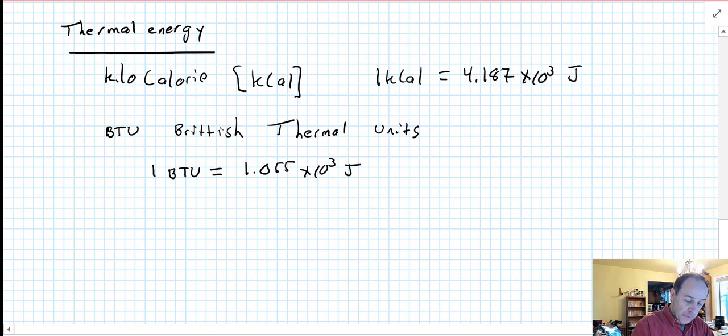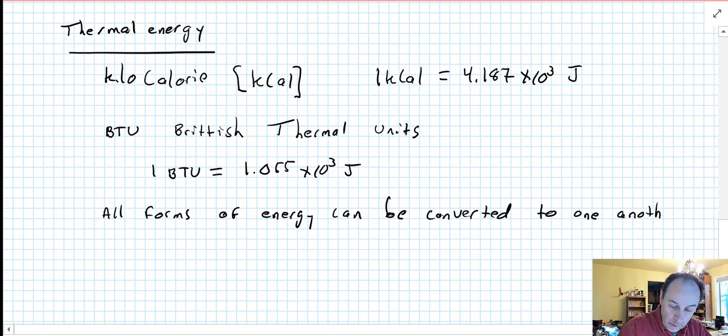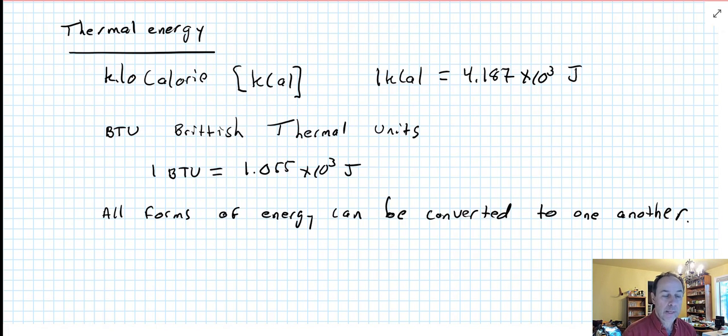But something to take away from this is all forms of energy can be converted to one another. Okay, let's take an example we experience every day. There is a fusion reaction that's going on in the sun. It's releasing energy, light energy that comes to Earth.